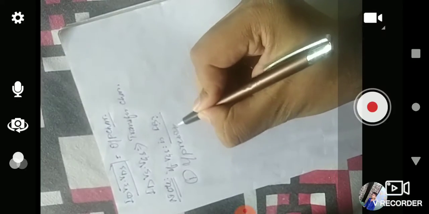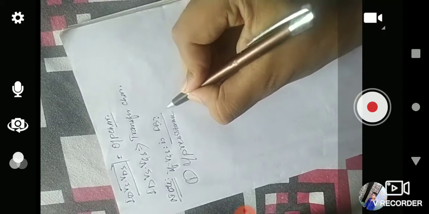Input resistance will be very small, as I said, Ri is equal to ΔVGS upon ΔIG, by this formula, input resistance will be very small.